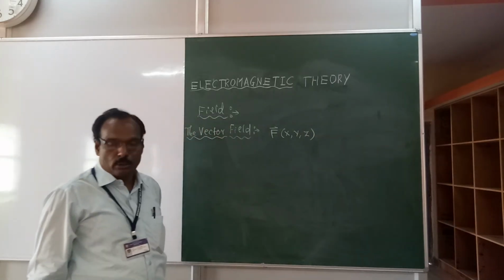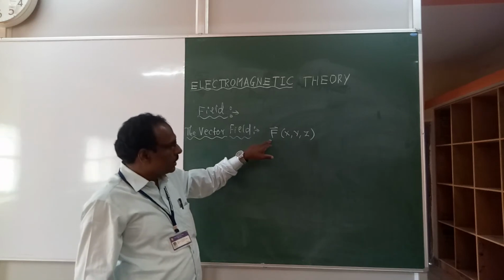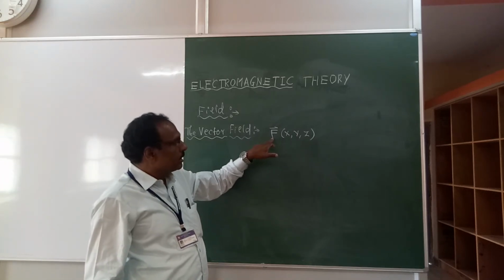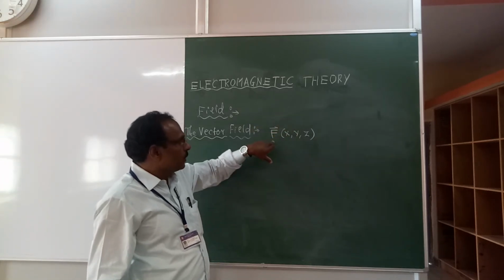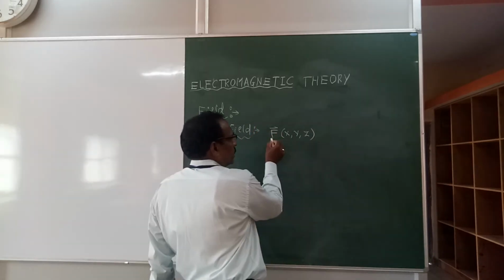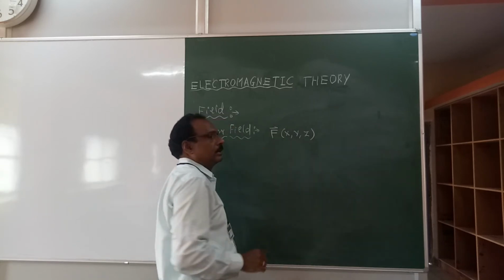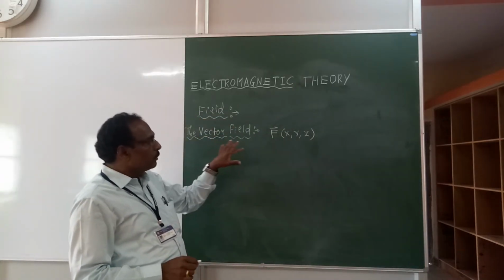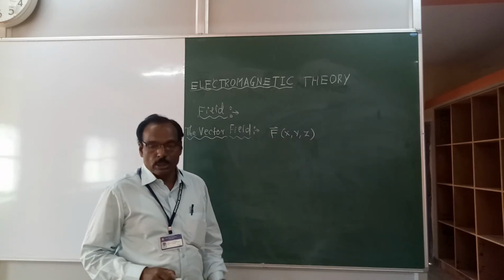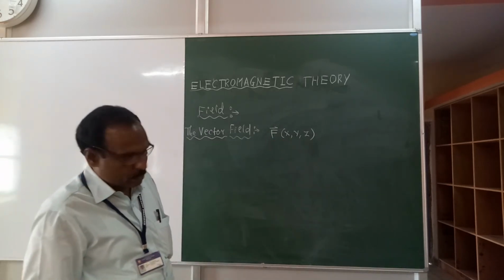This vector function is represented inside the field. I am calling it a vector field, and this is its function at every point. The vector field is represented by this continuous vector function.